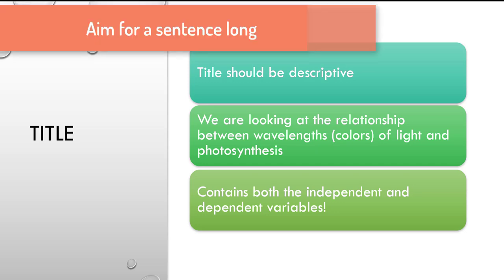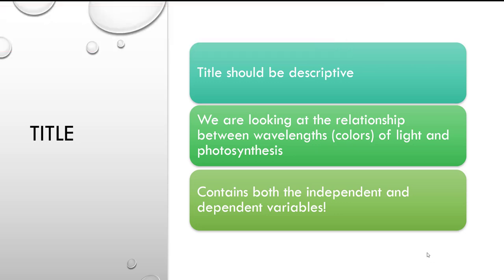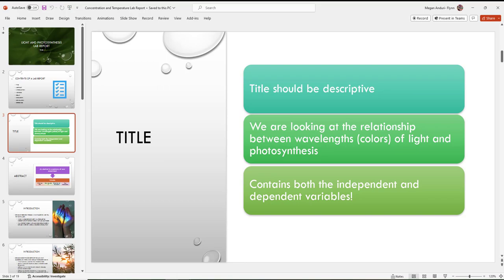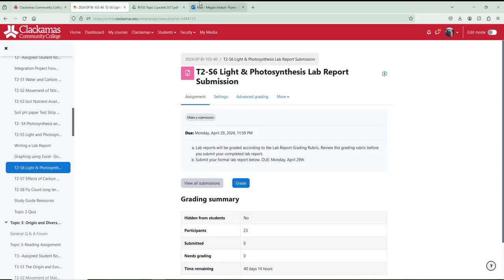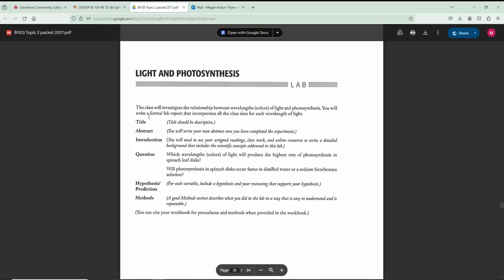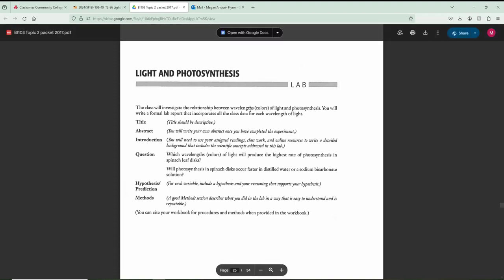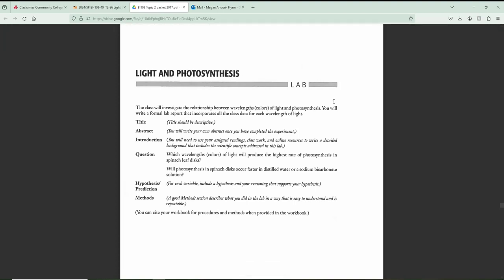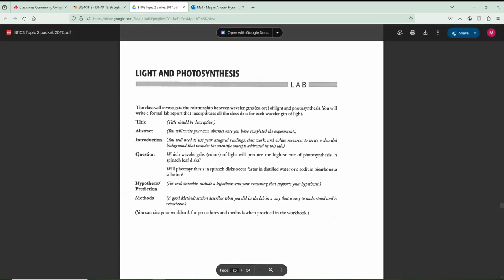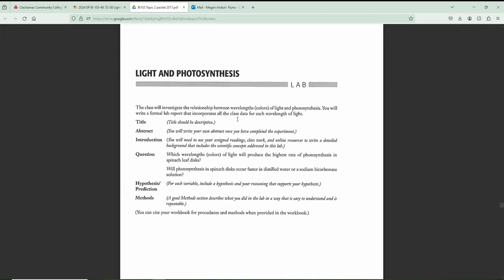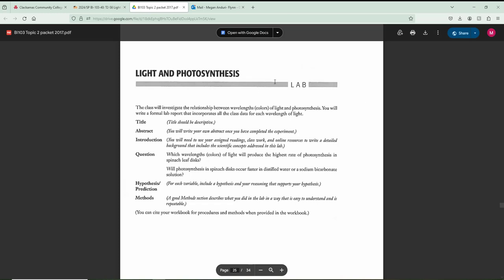If I look at the lab itself, let me go back into the lab, I can see that it says here, the class will investigate the relationship between wavelengths, colors of light, and photosynthesis. You will write a formal lab report that incorporates all the class data for each wavelength of light.